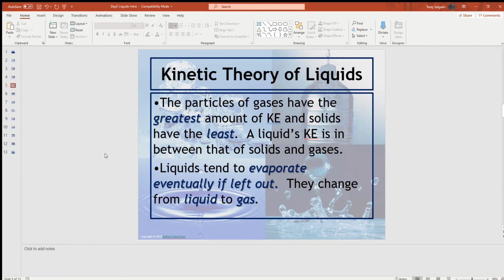So gases have the greatest amount and solids have the least. A liquid's kinetic energy is in between those. It has a medium kinetic energy. And liquids tend to evaporate eventually if they are left out in the open. Evaporation means that they change from a liquid to a gas.